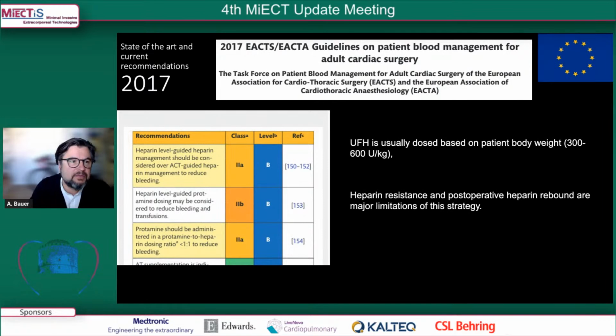And if we look 40 years forward to the last recommendations, we find the recommendation made in Europe in 2017, where the EACTA and ESCTS recommend 300 to 600 units per kilogram heparin to anticoagulate a patient on the heart-lung machine, which ends up in an ACT above 400 for most of the patients.